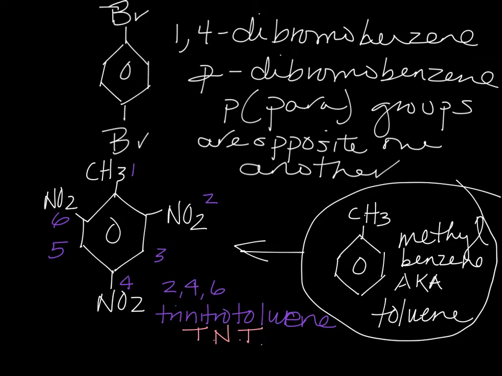So trinitrotoluene. And technically, you don't have to say where the numbers are, because if it's trinitrotoluene and they're every other one, and the toluene has the CH3 in the number 1 position, then technically you can assume that the others are 2, 4, 6, because it has to be every other one. But I like to write the 2,4,6-trinitrotoluene.